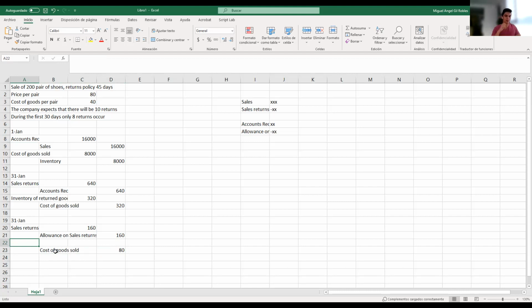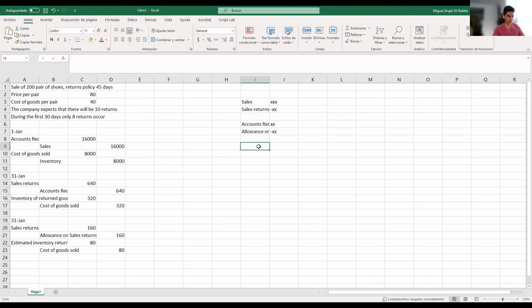Well, again, it's a bit different from the actual return, because in the return that actually happens, you have the inventory in your hand. But here, what you will register is something we call estimated inventory return. It's similar to inventory, it's an asset, but it's an estimation.